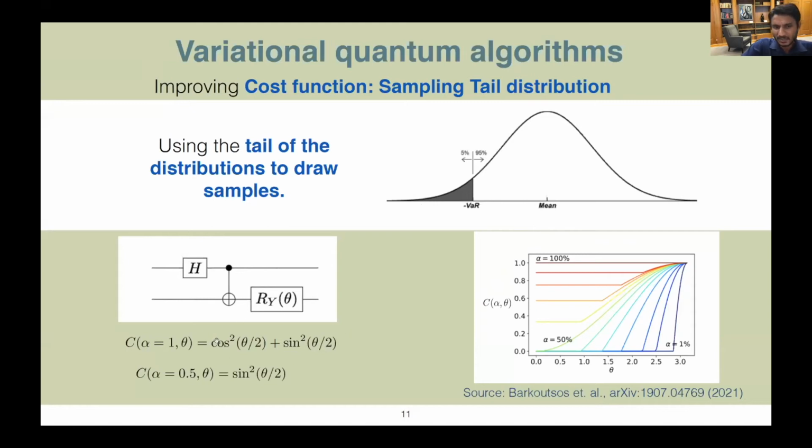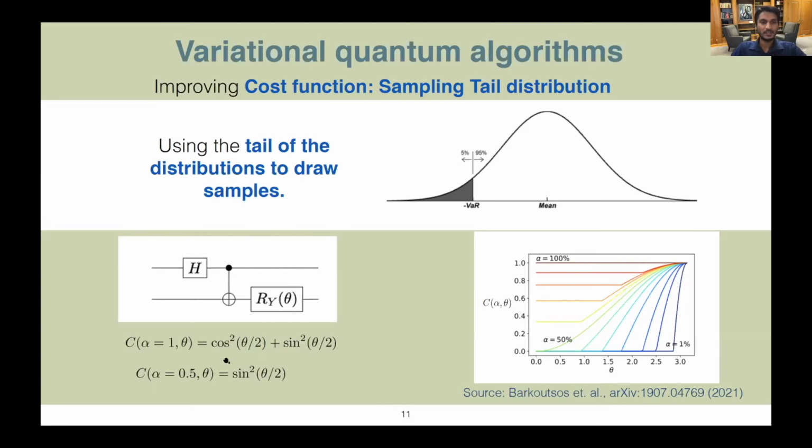But this is just 1, right? This is constant. However, if we just take 50% of the distribution to compute the mean, the cost function changes. Instead of this, it has sine square theta by 2.